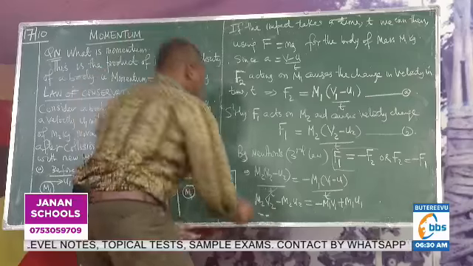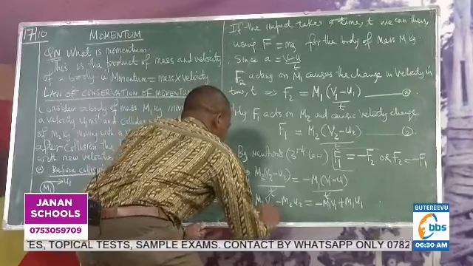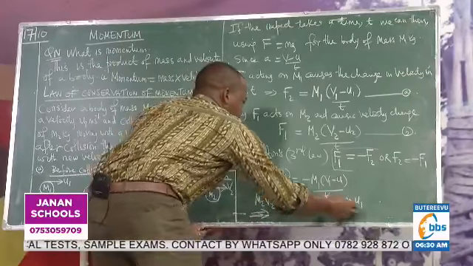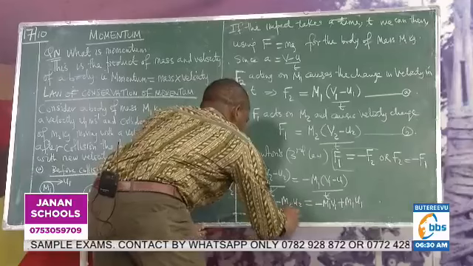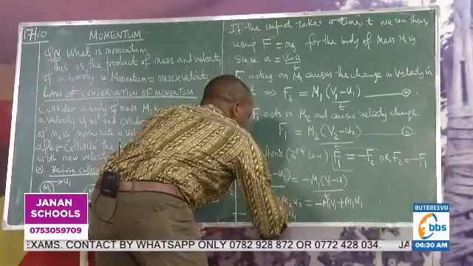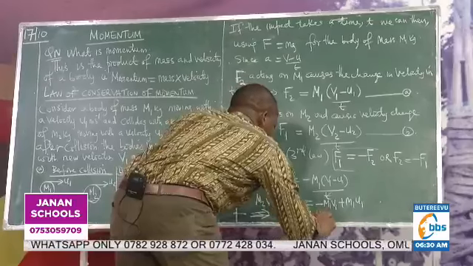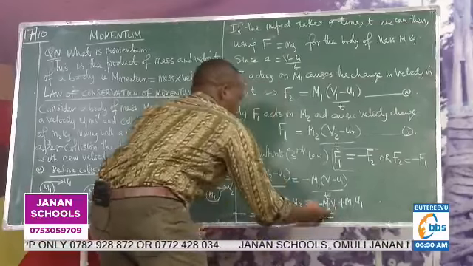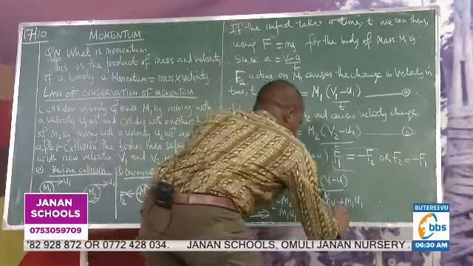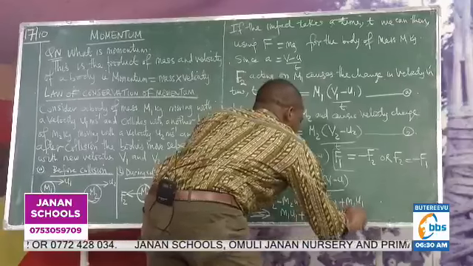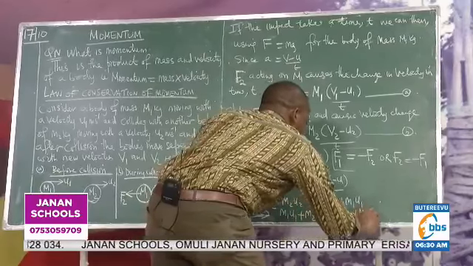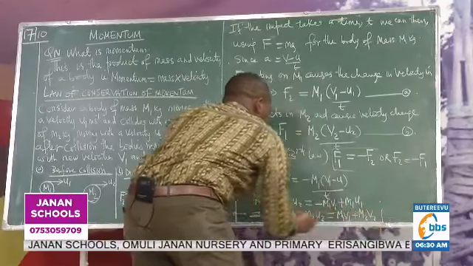If I rearrange, I finally will be able to get M1 U1 plus M2 U2 being equal to M1 V1 plus M2 V2.